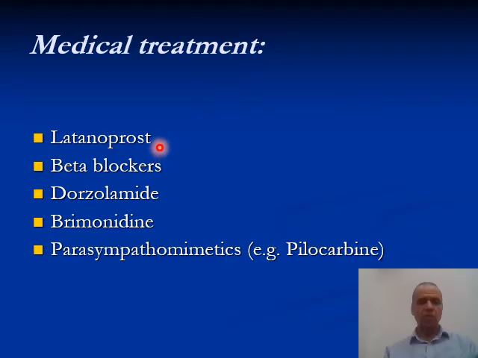Why is prostaglandin agonist the first and pilocarpine the last? Because prostaglandin agonist is usually given once per day, while the parasympathomimetic drug is usually given 4 times per day.